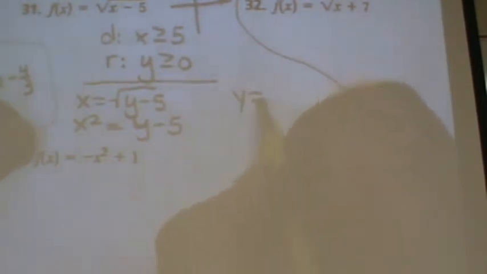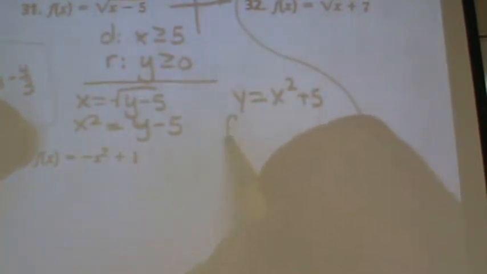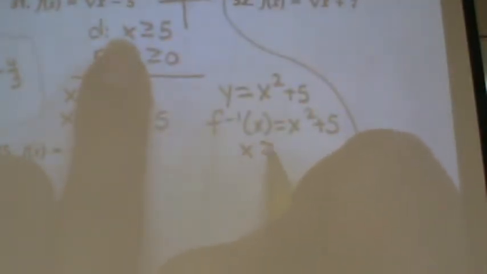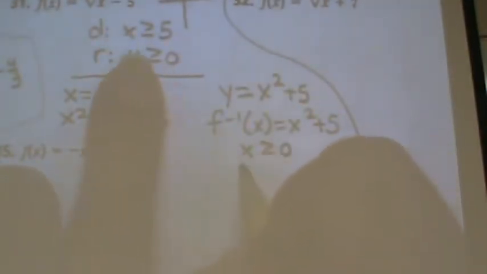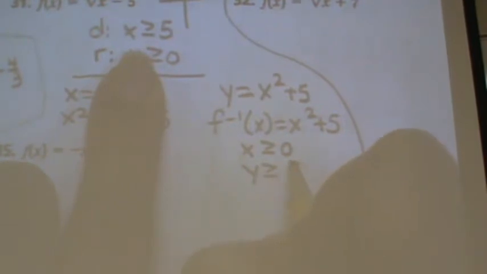So y would be equal to x squared plus 5. We can write f negative 1 of x is equal to x squared plus 5. And now the domain and the range are going to switch. So for this, your domain is going to be x is greater than or equal to 0, and your range is going to be y is greater than or equal to 5.